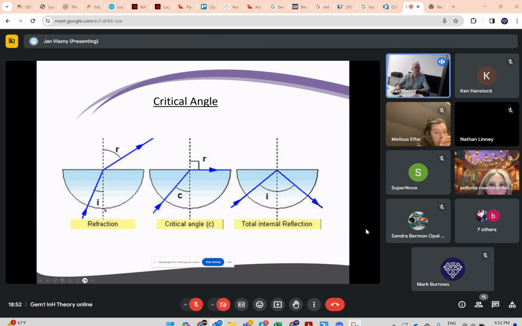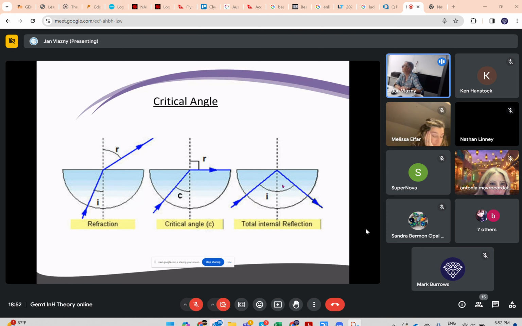So the bigger that incident angle gets, the more and more it bends away from the normal until eventually it goes at 90 degrees. And if we go past that angle, it actually doesn't escape the stone at all. It is internally reflected back into the stone, following the law of reflection.